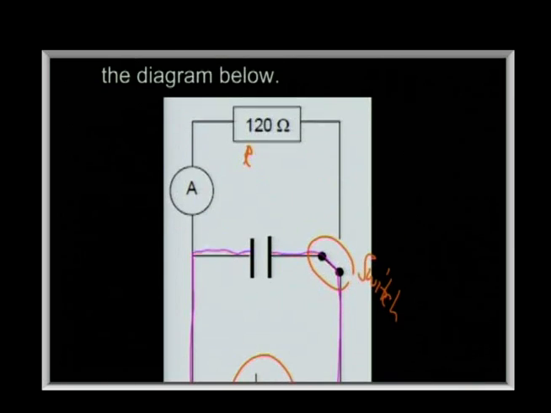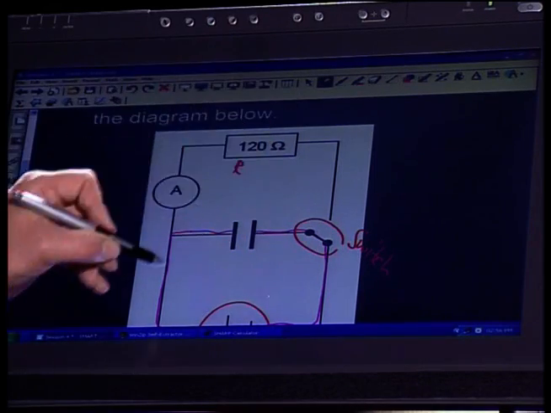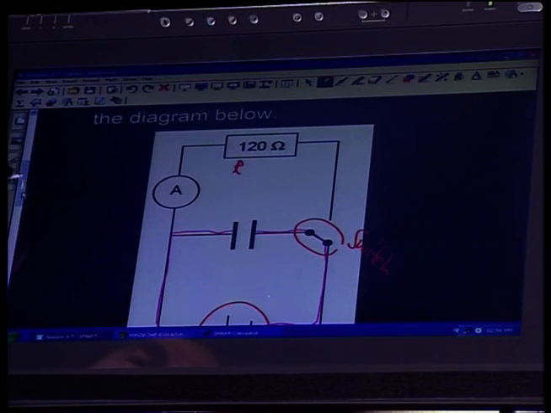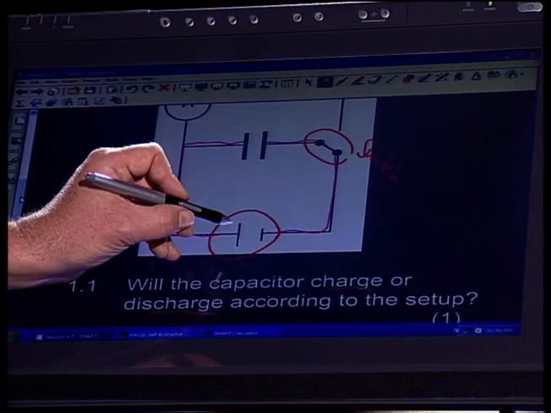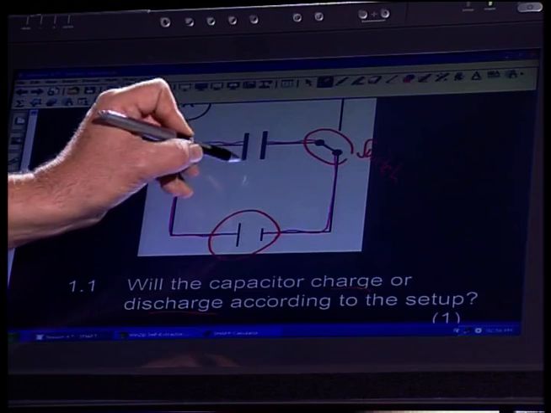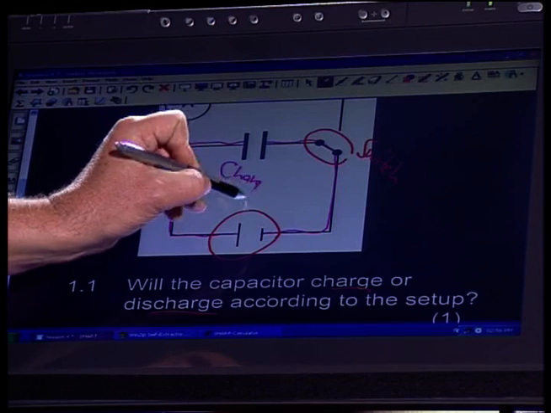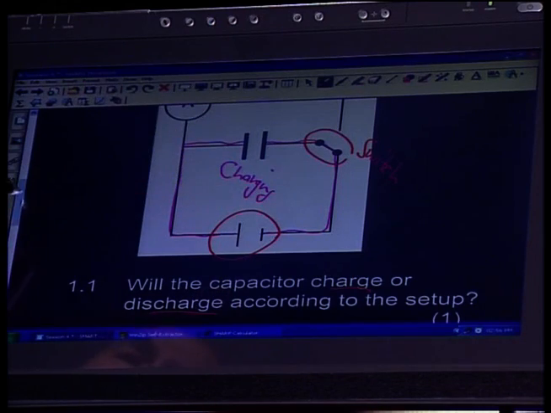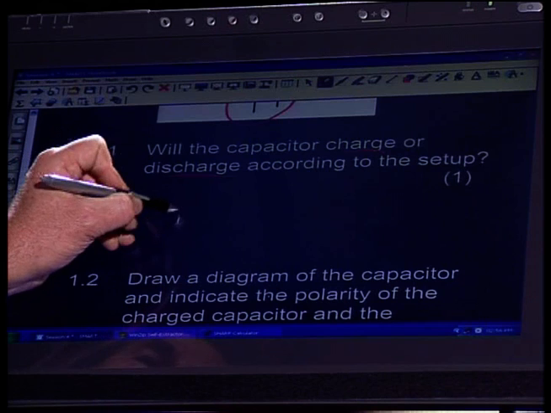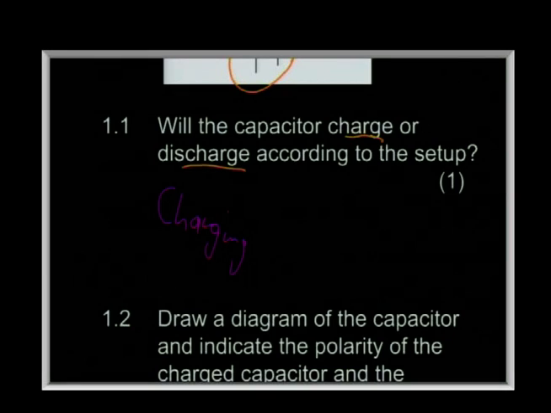If I look at what's happening over here, there's a break in the circuit, so in fact, no charge is going to go up that way. We've got a circuit in which, if there is going to be a movement of charge, it's going to build up charge on the capacitor. So this must be a charging circuit. We recognize that it isn't discharging, but it's charging. It's becoming full of charge. It's storing energy.